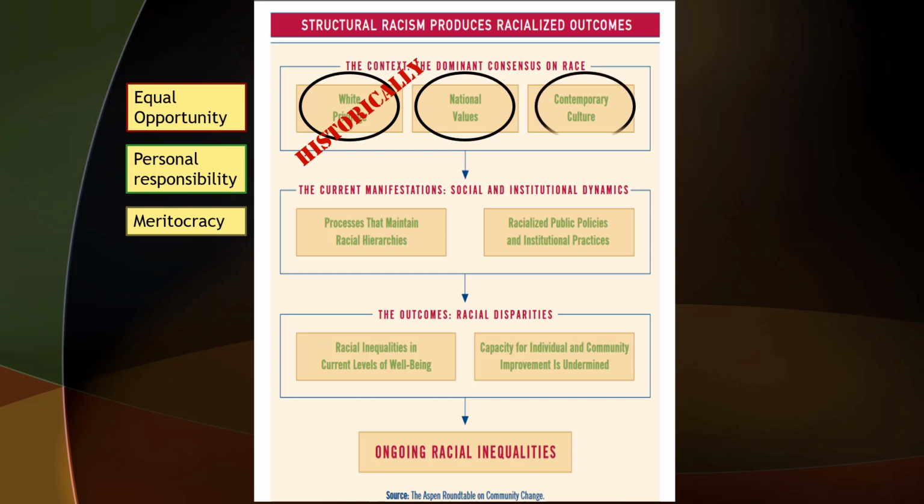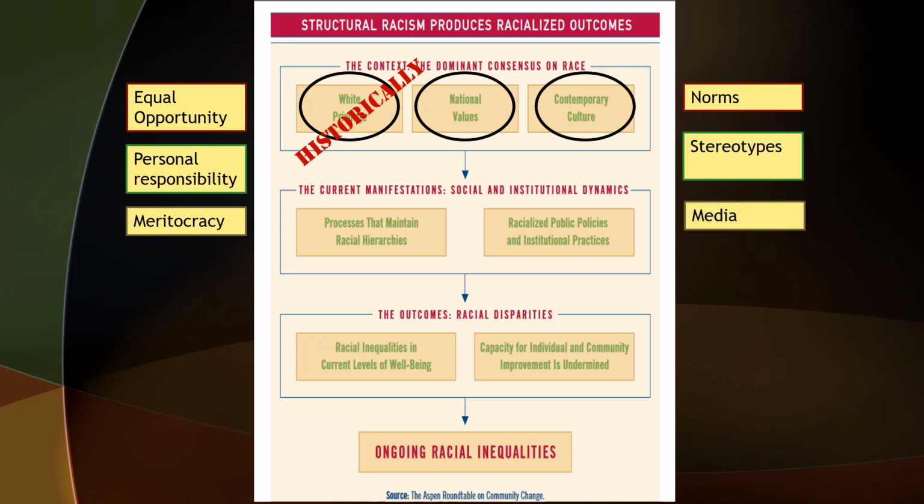When it comes to contemporary culture, this involves all the norms of society, including stereotypes, as perpetuated by media. And I don't mean just like news media, but magazines, movies, etc. But basically the idea being that the contemporary culture provides a lens through which people are seen, and then how people are seen determines public policy for them.